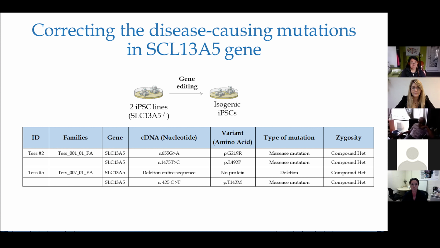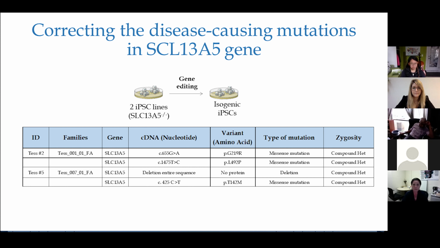So we decided to do TESS 2 with the 655 G2A mutation and the 1475 T2C mutation, both mutations in the same iPS line, and the TESS5 with the 425 C2T mutation.